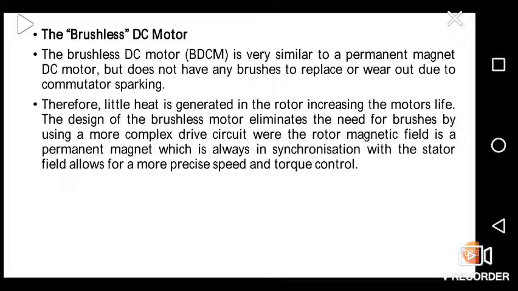The design of the brushless motor eliminates the need for brushes by using a more complex drive circuit where the rotor magnetic field is a permanent magnet, which is always in synchronization with the stator field, allowing for more precise speed and torque control.